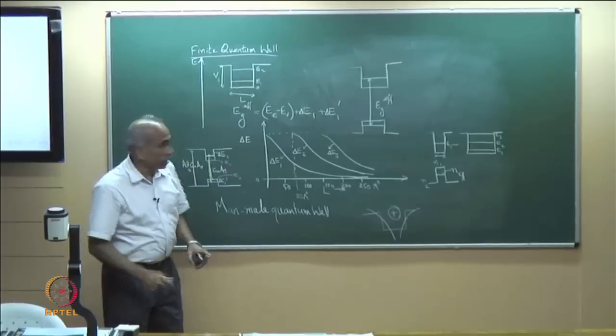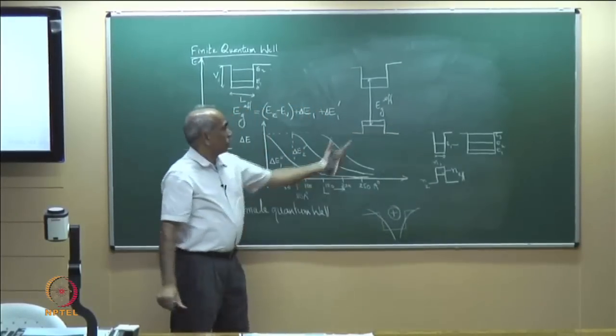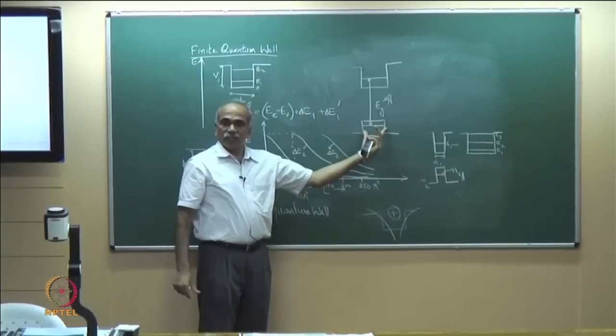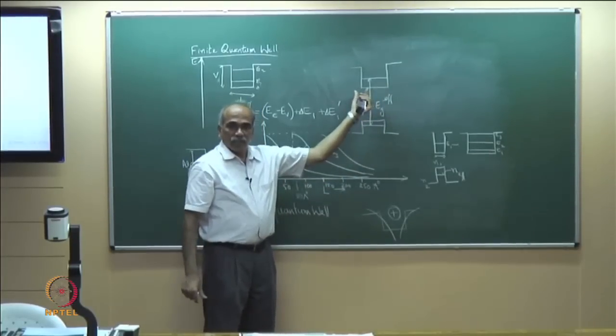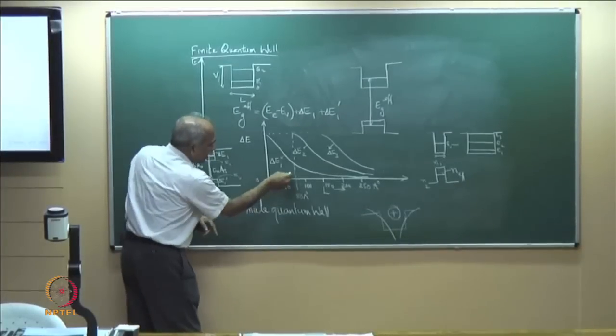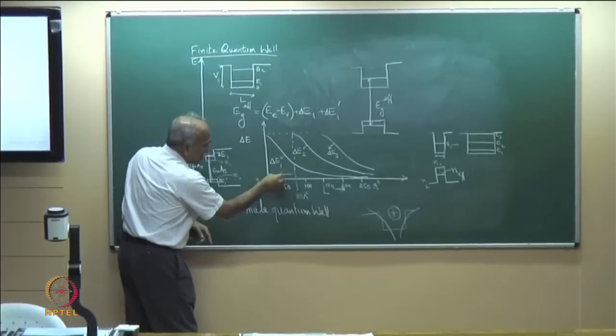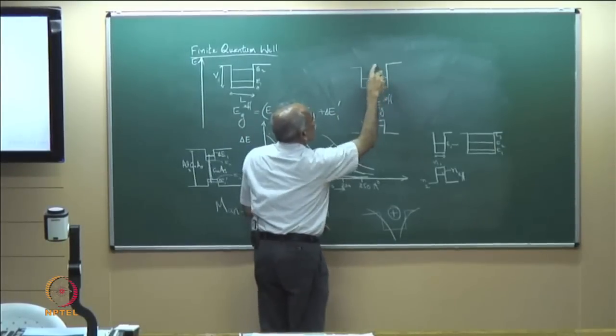The interesting point is, if you change the width of the sandwiched layer, that is the width of this well, say you are decreasing the width, then the energy goes higher.